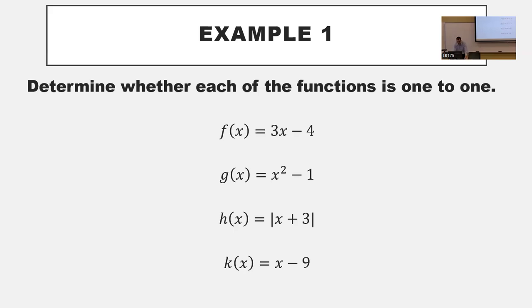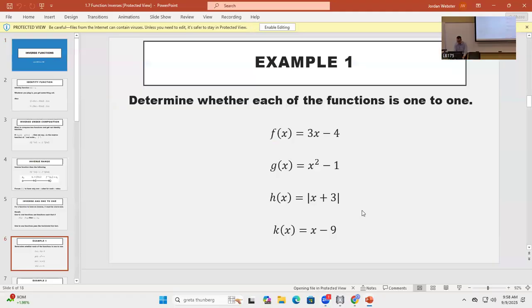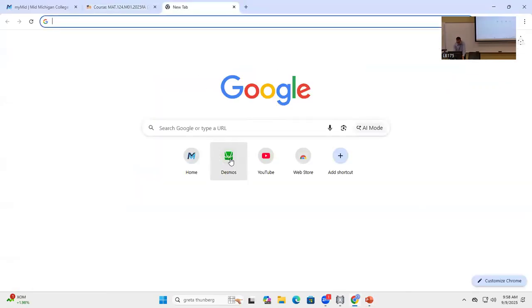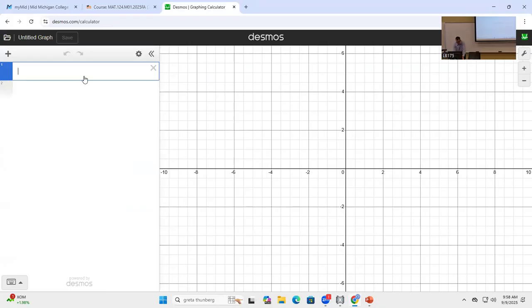In this case, I'll just graph them, and we'll decide using the vertical and horizontal line tests. We all know that they're already functions because they're written in function notation.